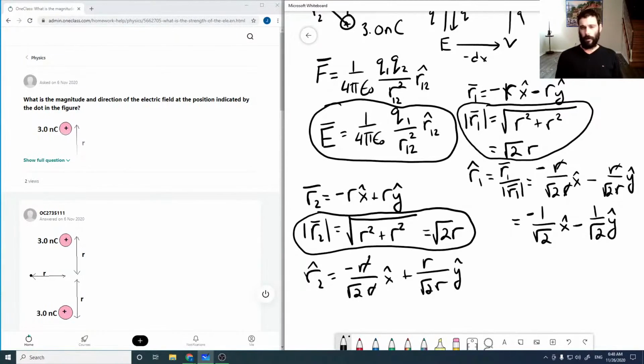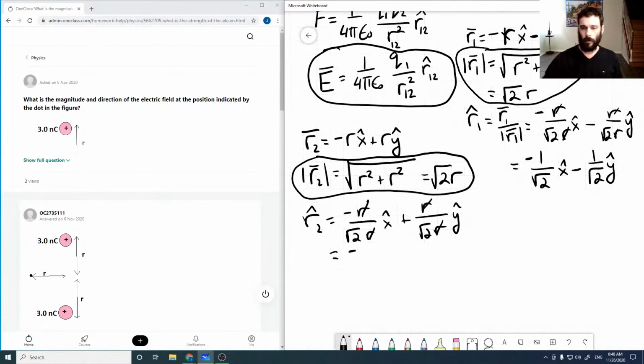The R's are going to cancel, and so R2 hat is minus 1 over root 2 X hat plus 1 over root 2 Y hat.